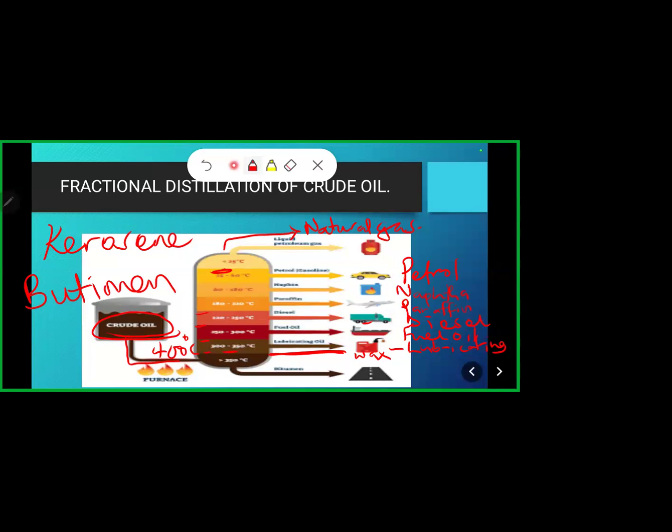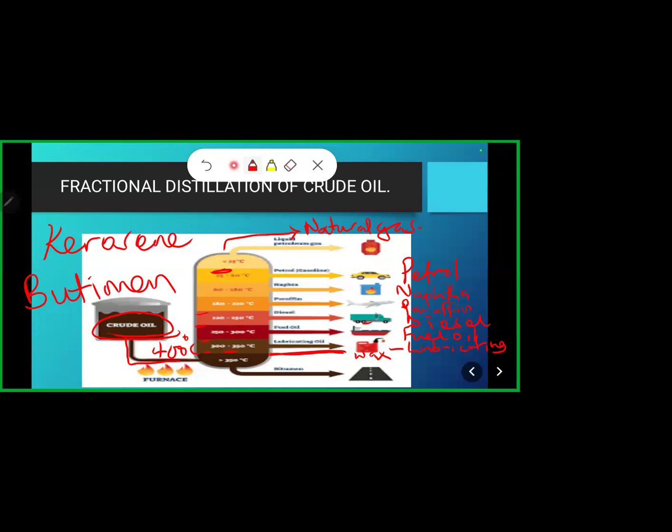So the hot mixture of gases and vapors will be passed to the top of the tower, and each of these fractions cools off at a tray of its temperature. And then they are collected according to their different boiling points.